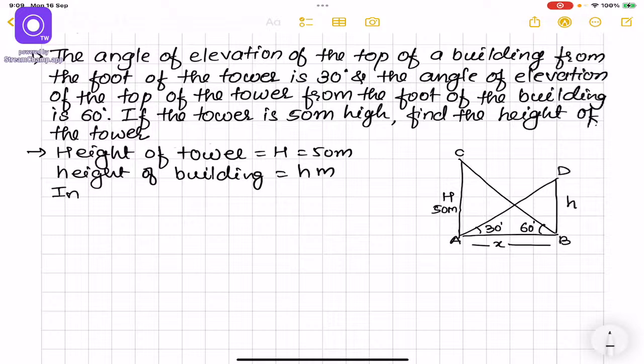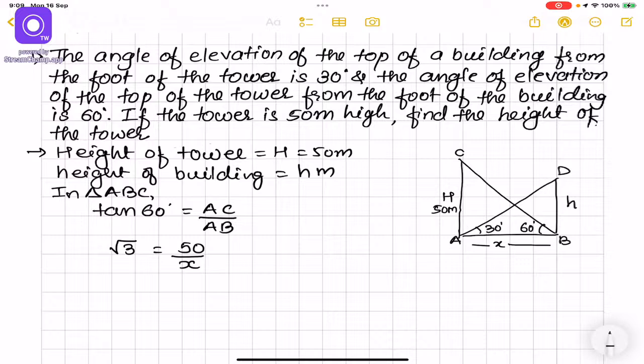Now in triangle ABC, tan 60 will be equal to AC upon AB. So tan 60 means root 3, AC is 50, upon AB we have taken as x. So therefore I can say x equal to 50 by root 3 meter. Now let me give this as one number.